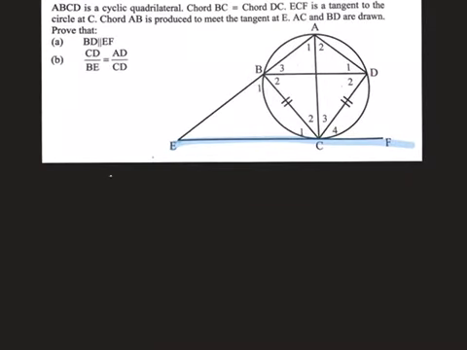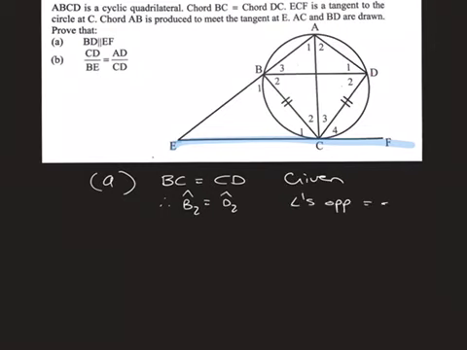So question A, we have BC equal to CD was given. Therefore, B2 is equal to D2, angles opposite equal sides. But we said C1 equals D2 because of the tan chord theorem.